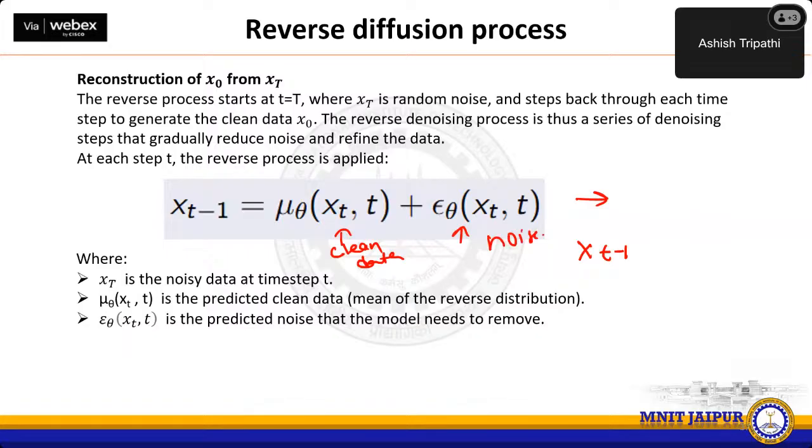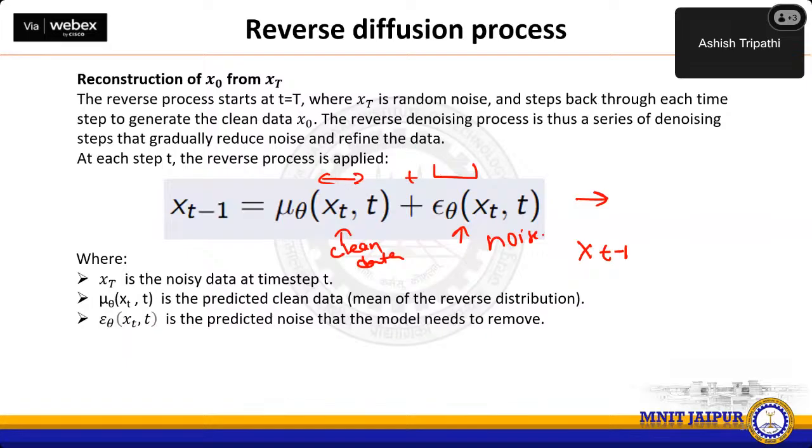Both are predicted. These are not the actual ones. Got it? So basically, if you want to predict the clean data, that means you need to predict the noise. So naturally, x of t minus 1 is the clean data plus noise. My ultimate target is to predict this noise so that we can have the prediction of the clean data.